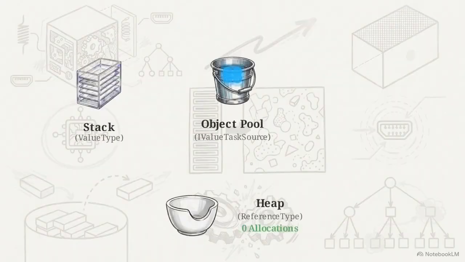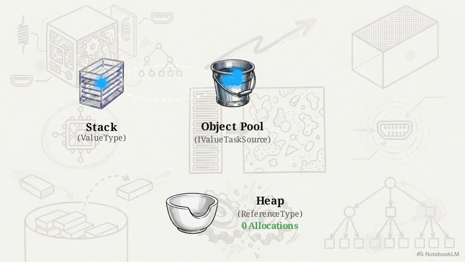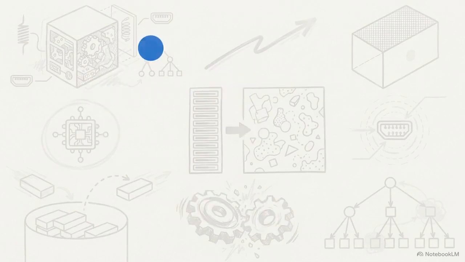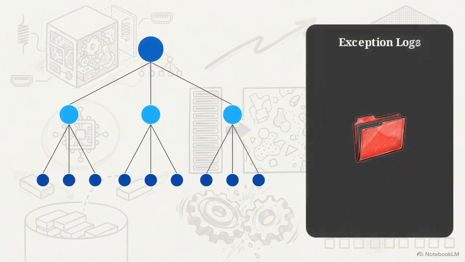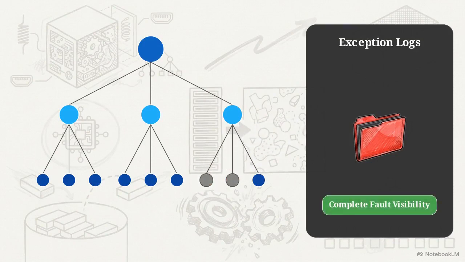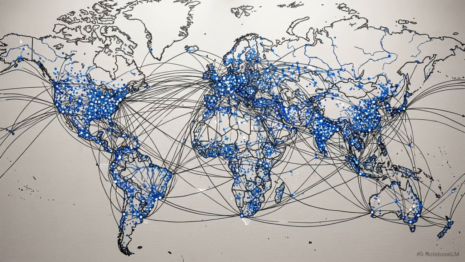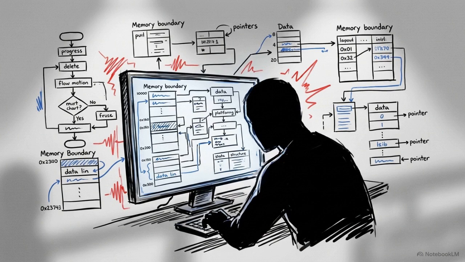In these environments, you maintain throughput by enforcing zero allocation asynchrony, leveraging stack-allocated ValueTask structs and IValueTaskSource object pooling. And you ensure system resilience by extracting the aggregate exception tree during parallel execution to maintain complete fault visibility. To engineer systems that process millions of concurrent operations, architects must stop treating tasks as black boxes and take direct control over the underlying state machines.